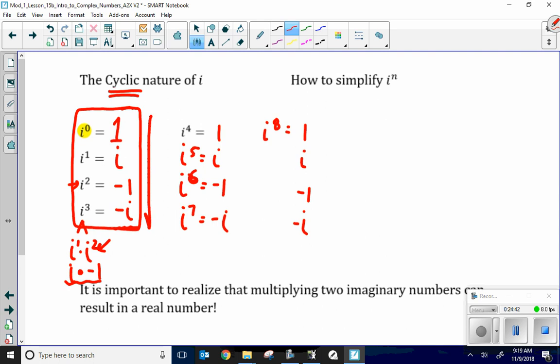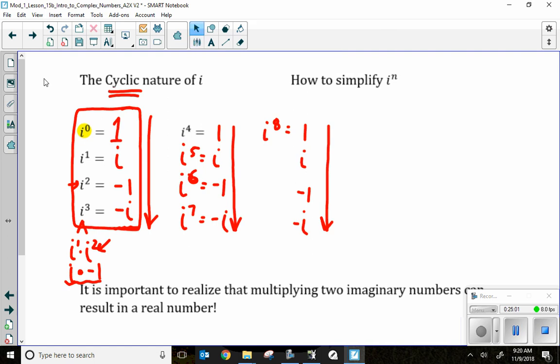It repeats that cycle, those 4 values: 1, i, negative 1, and negative i. It repeats in cycles of 4.